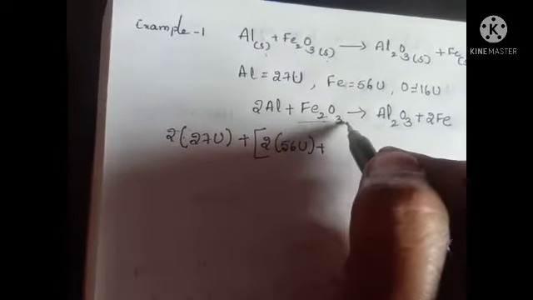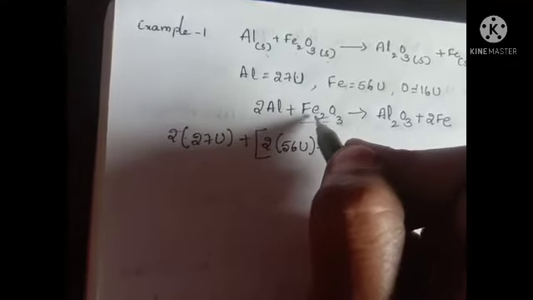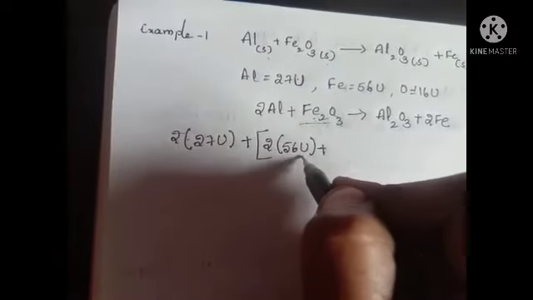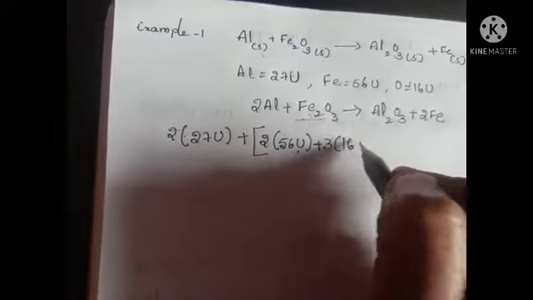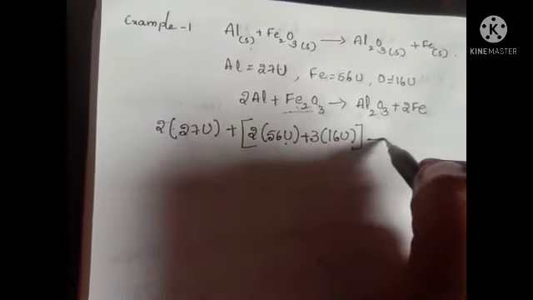Total only 1 molecule of ferrous oxide. Here how many atoms are there? Ferrous and 3 times oxygen 16 units in closed bracket.